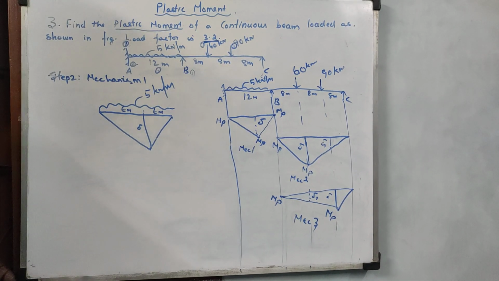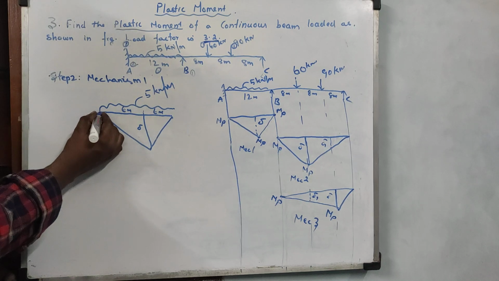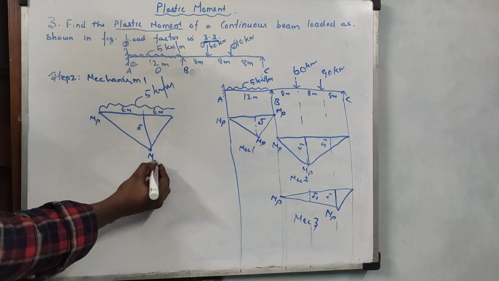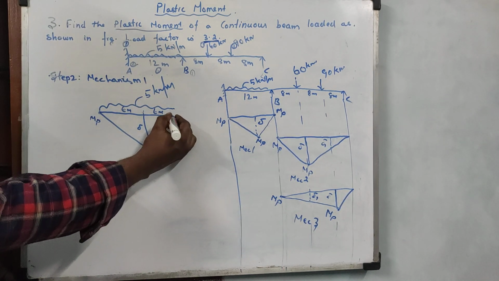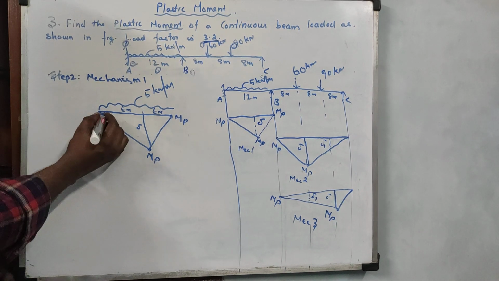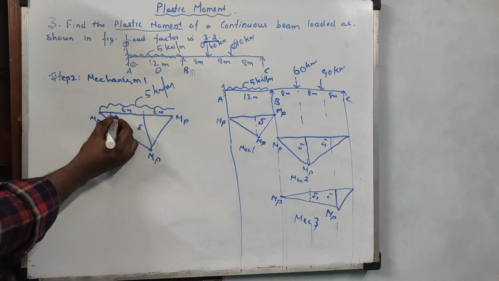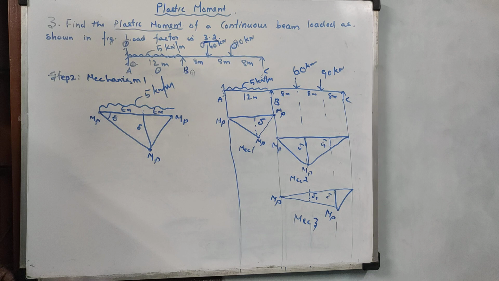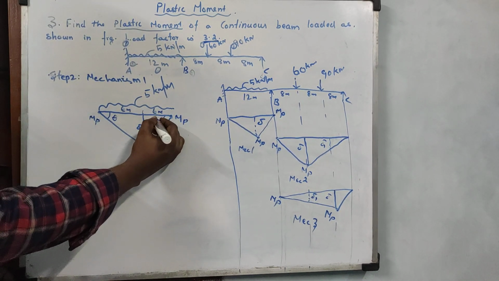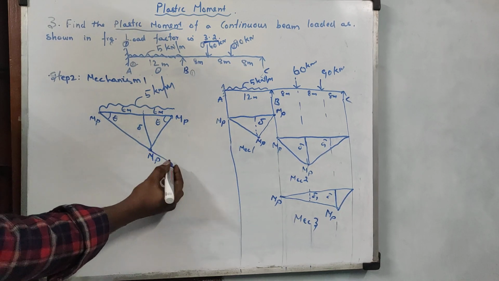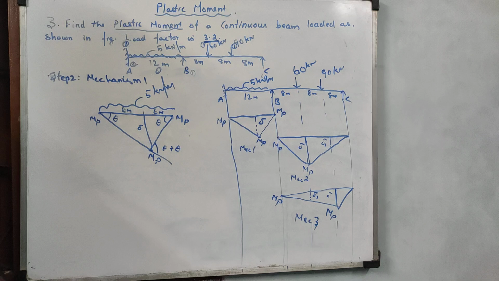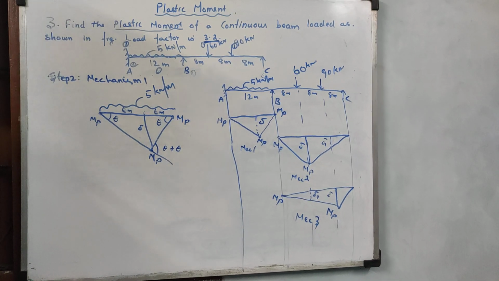We know there is a plastic moment at this point, at this point, and at this point. Now consider this angle equal to theta. Since it is symmetrical, this angle will also be theta, and this angle is theta plus theta.